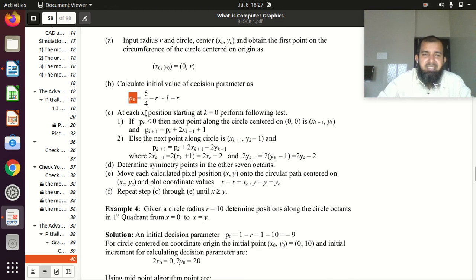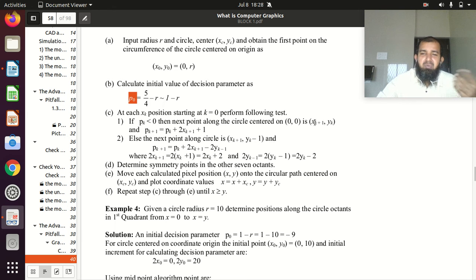At each xk position, starting at k equal to 0, perform the following test. If pk is less than 0, you calculate the pk value, then the next point along the circle centered on (0, 0) is (xk plus 1, yk).